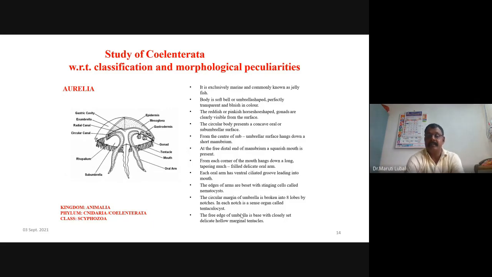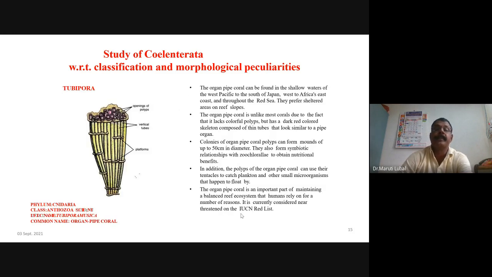In each notch there is a sense organ, called the tentaculocyst. It is the sense organ. The free edge of the umbrella is beset with closely set, delicate, hollow marginal tentacles. These are the different morphological peculiarities of jellyfish, also called Aurelia.